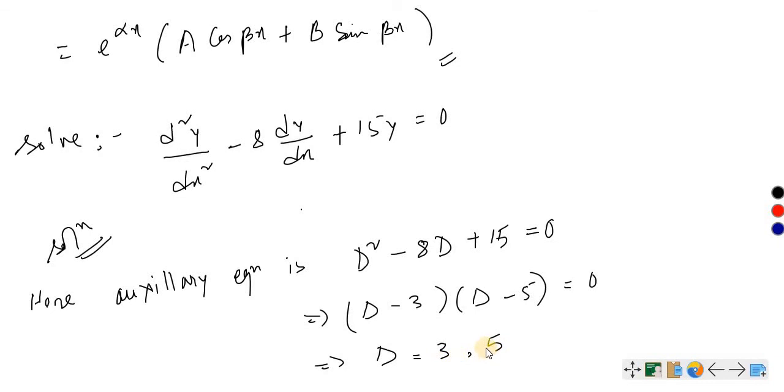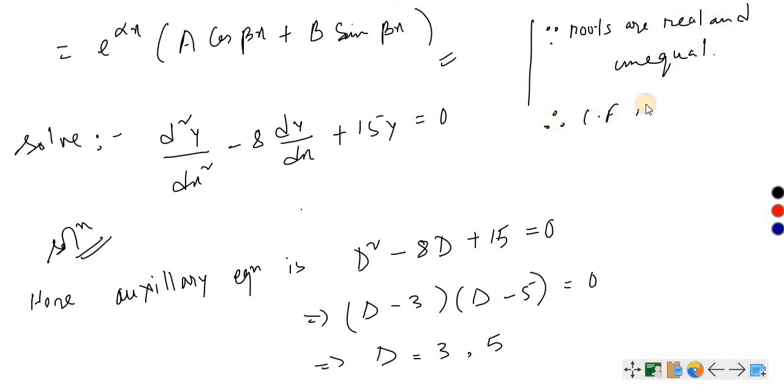So the first case will come here. Since roots are real and unequal, therefore the complementary function is y equals c1 e to the power m1x, so m1 is here 3x, plus c2 e to the power 5x.